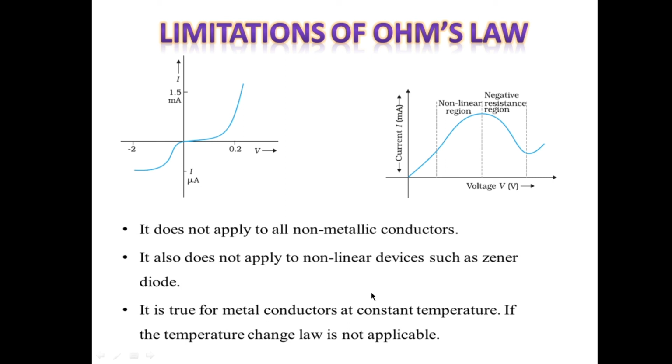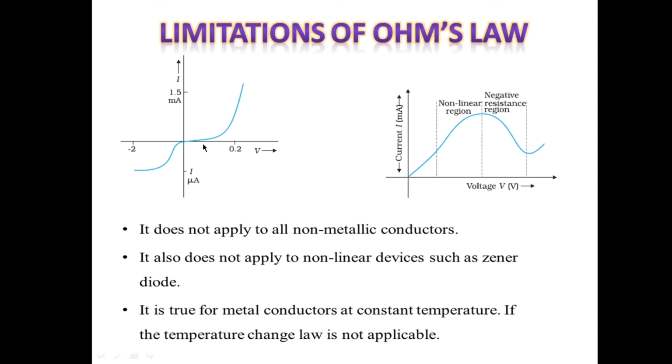When the temperature increases, generally the resistance will increase because the random movement of the electrons increases. But in semiconductors, the higher temperature is what allows the electrons to get into motion from their bound state. So the temperature increase will increase the conductivity over here, which is not applicable to Ohm's law.